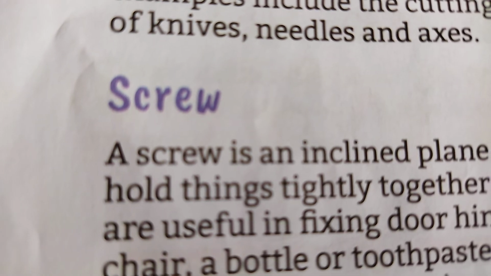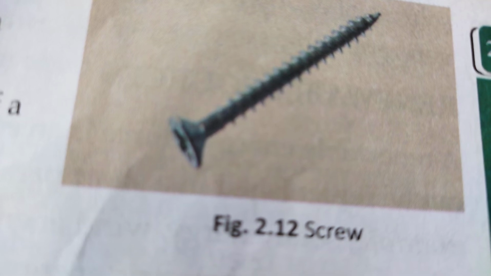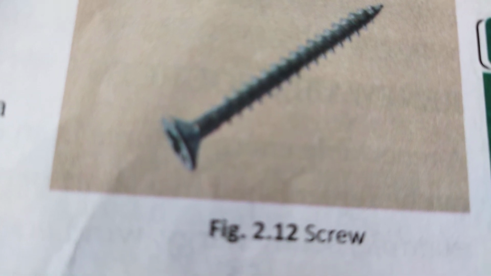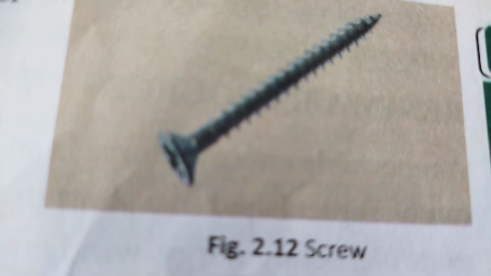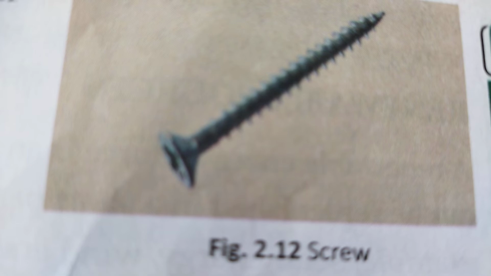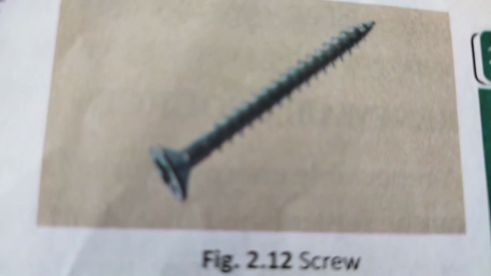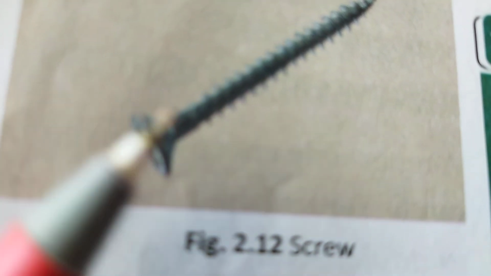Next comes the screw. A screw is a simple machine which is actually an inclined plane that winds around a rod to form a spiral. Or a screw is a curved slope which is wrapped around a cylinder.